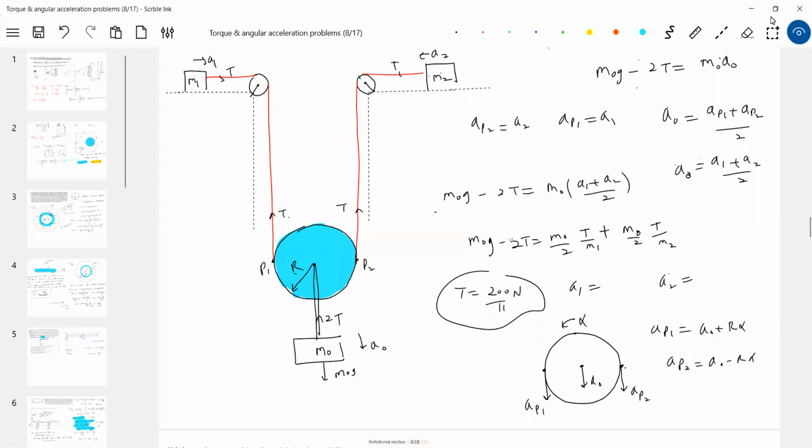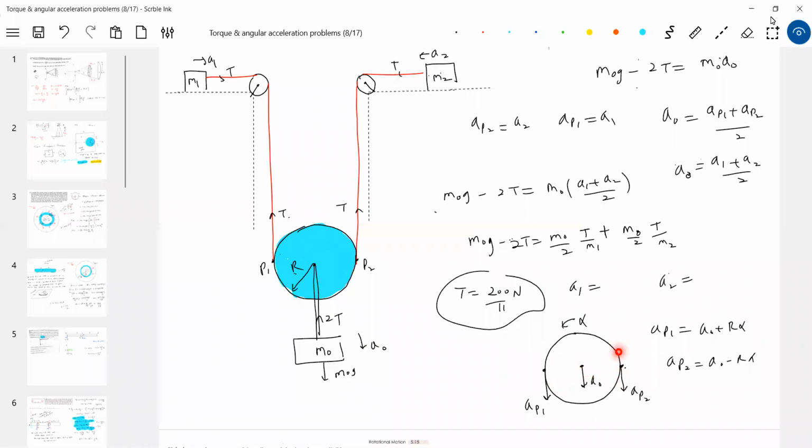So by the time this point of a string moves from point P1 to P2, the acceleration changes. So the linear acceleration is varying. Therefore, it must have angular acceleration. If the acceleration at this point and this point were the same, then things would have been the other way.